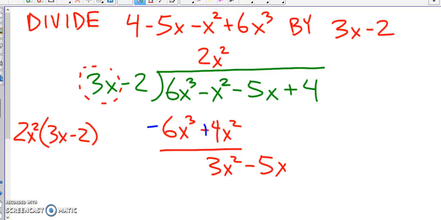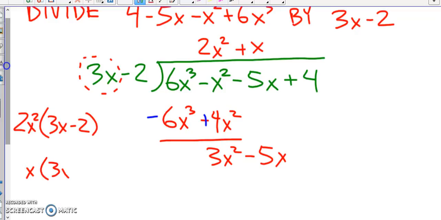Now what? Don't everybody answer at once. Yeah, so how many times does 3x go into 3x squared? X. So this will be plus x.